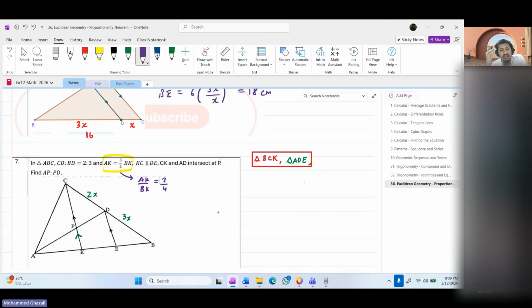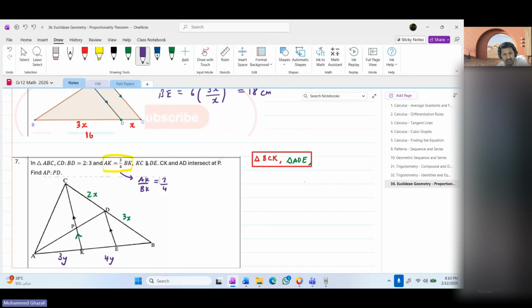So AK is 3, but you can't use x now. You've used a variable for one side; if you're dealing with the other side, you need to use another variable, like 3y, and BK is 4y. Remember, this is an unknown length.